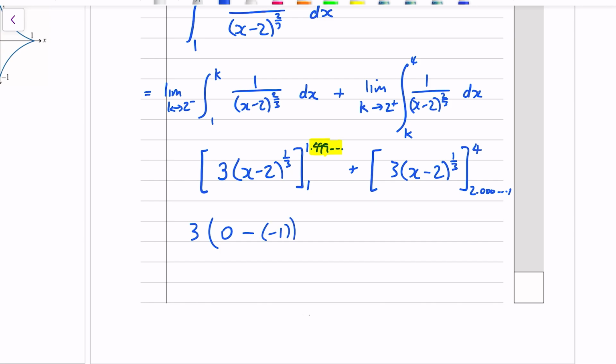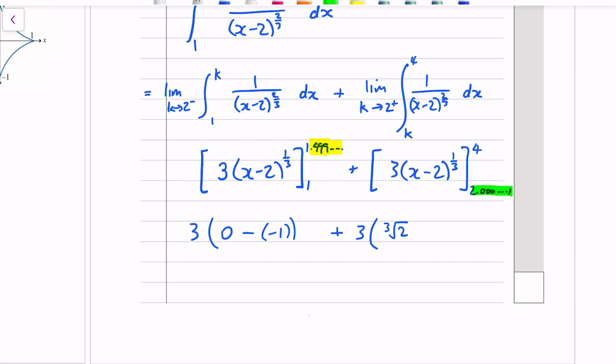Okay, do the same thing for the other one. If we subbed in the top limit first, 4 minus 2 is 2, the cube root of 2. 3 times the cube root of 2, which is an irrational number, so we'll just leave it like that. And then if we sub in the bottom limit, which is a number just a little bit bigger than 2, that makes the bracket go to a number just a little bit bigger than 0.